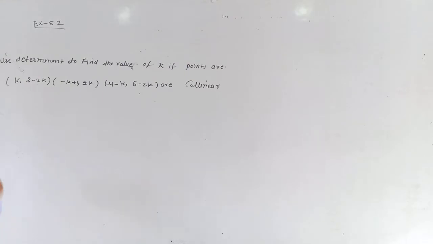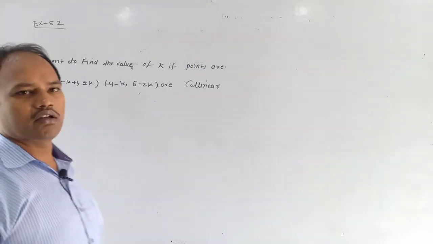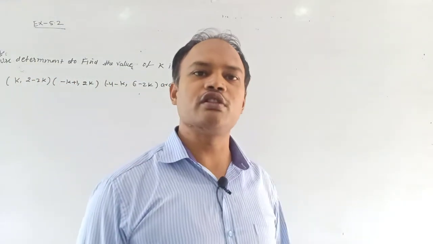So it is an example, question number 4. Okay, points are (k, 2 minus 2k), (minus k plus 1, 2k), and (minus 4 minus k, 6 minus 2k).